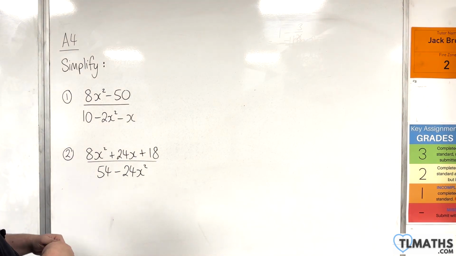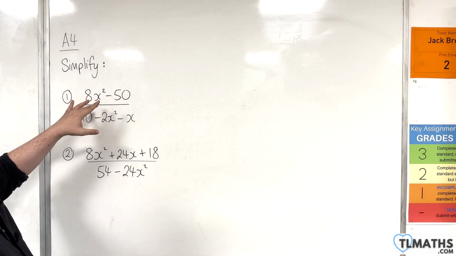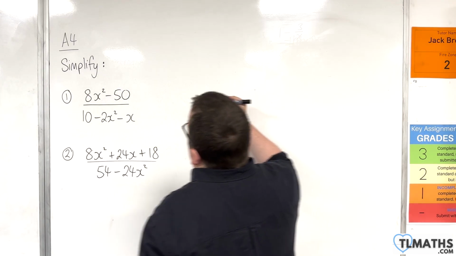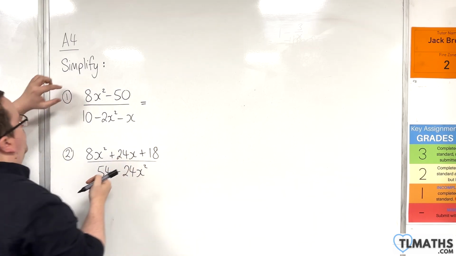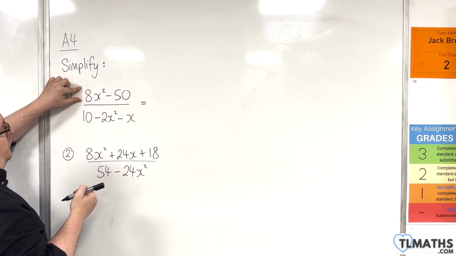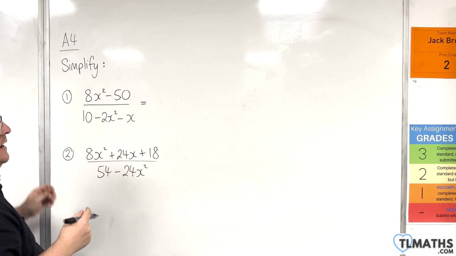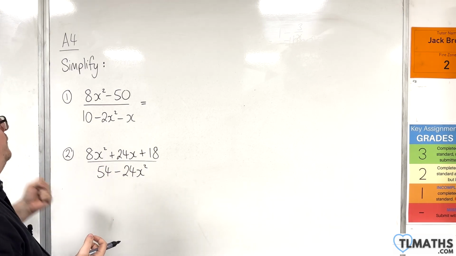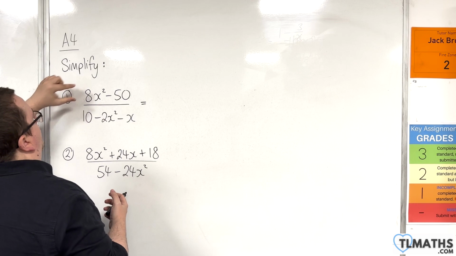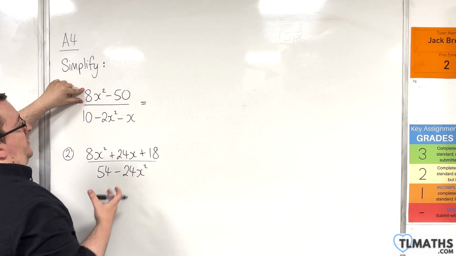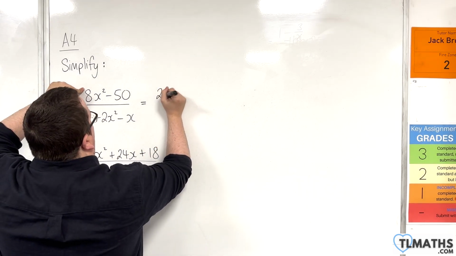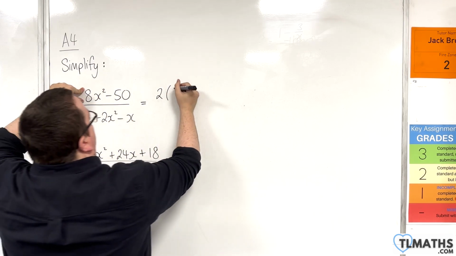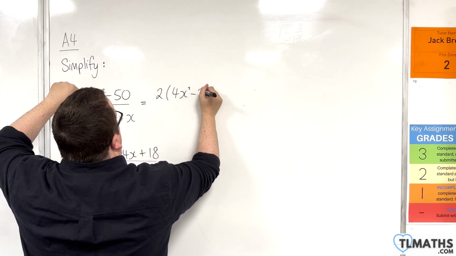So, first of all, let's focus on the numerator. Now, the numerator, we can already spot, because we've got the 8 and the 50, that both of those are even, so we could factor 2 out of both of those terms. So we could write that as two lots of 4x squared take away 25.